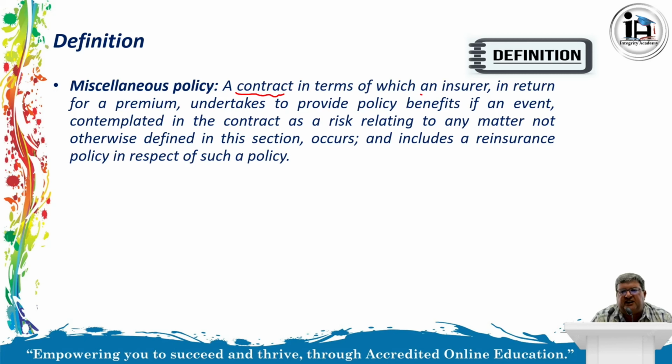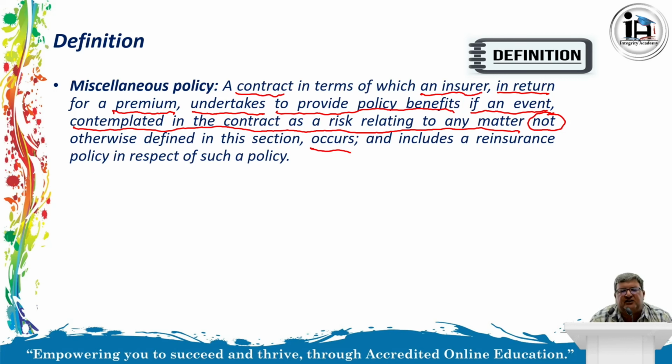in terms of which an insurer, in return for a premium which the insured will pay, will undertake to provide policy benefits if an event which is contemplated in the contract as a risk relating to any matter, but not otherwise defined in this section, occurs, and it includes a reinsurance policy in respect of such a policy.